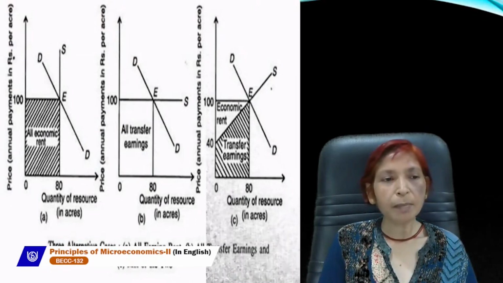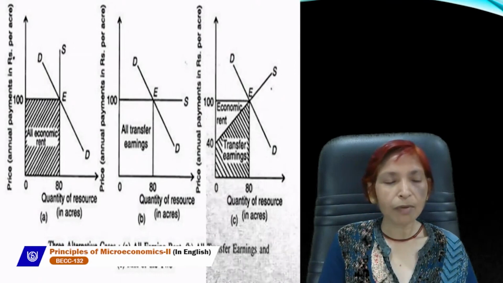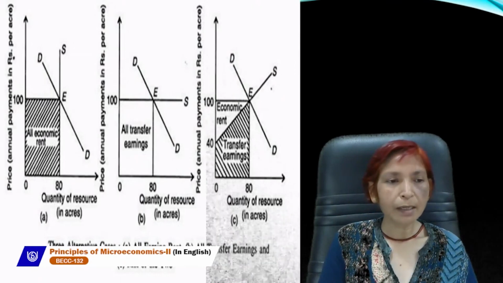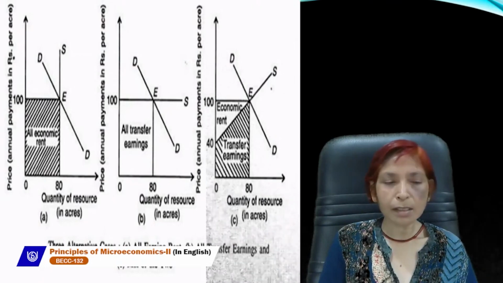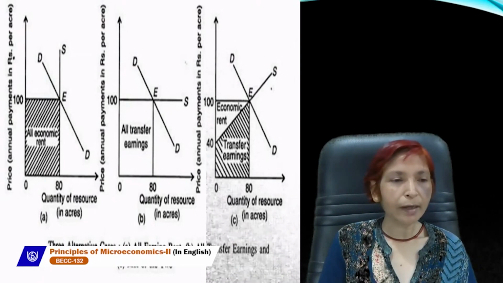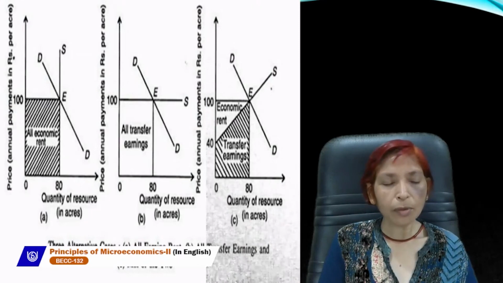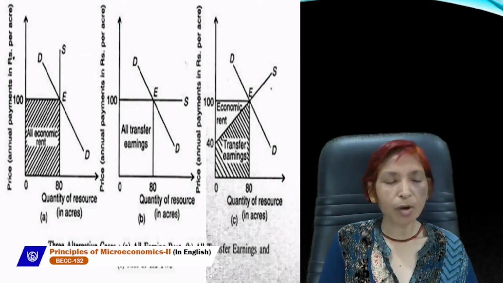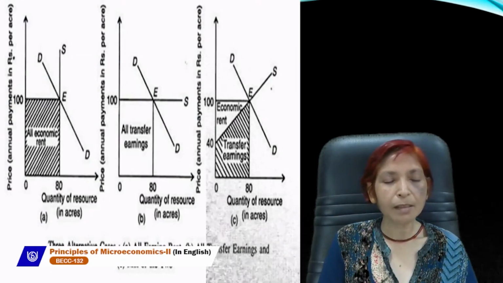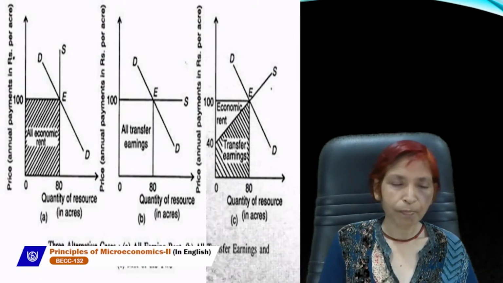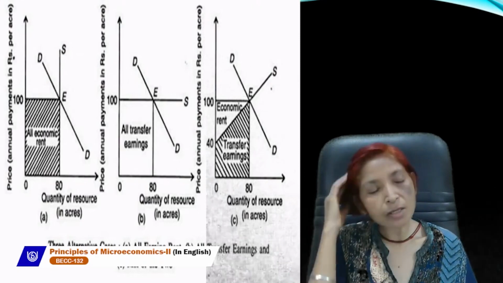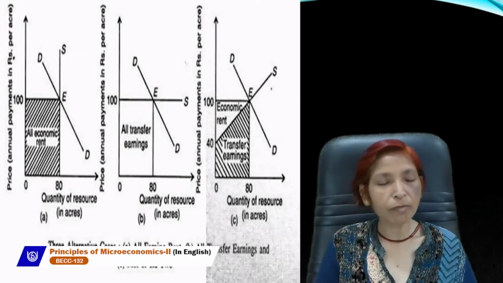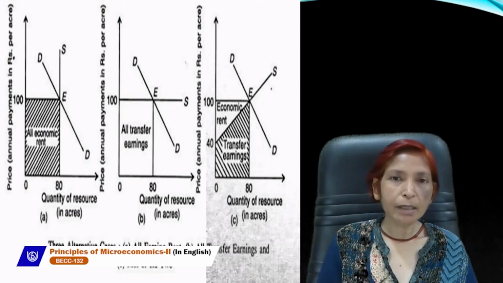Where the demand and supply curves intersect each other, the equilibrium point is determined, and at this equilibrium point, the equilibrium price and quantity are also determined. The shaded area, the whole portion of this box, is known as economic rent. When supply can't increase or decrease and remains constant, the whole portion will be called economic rent.